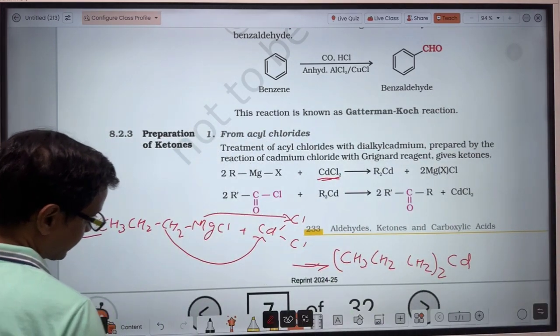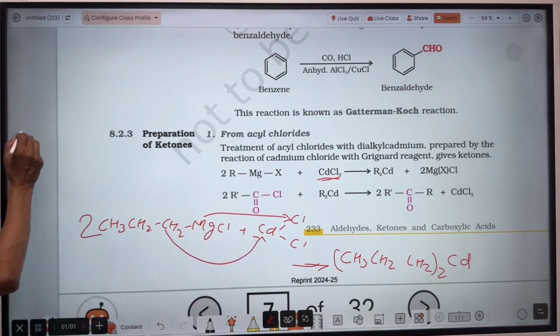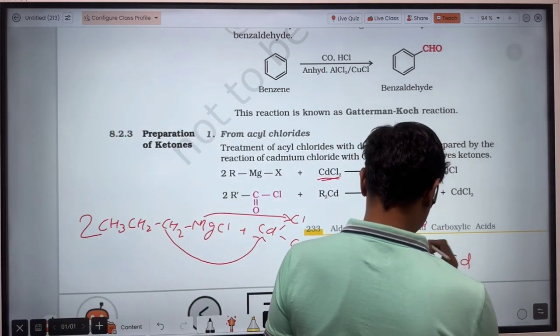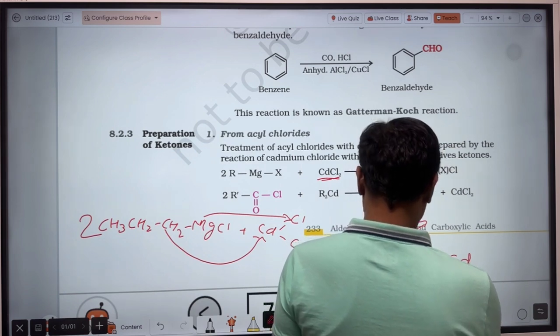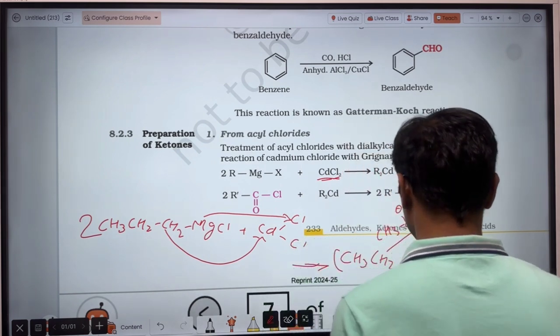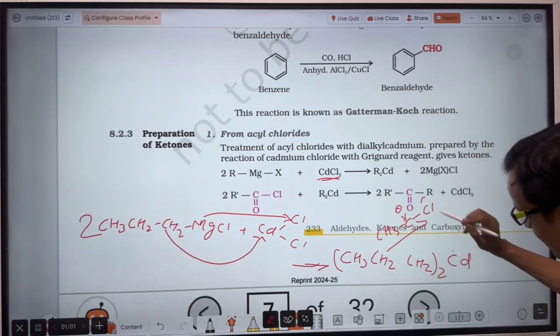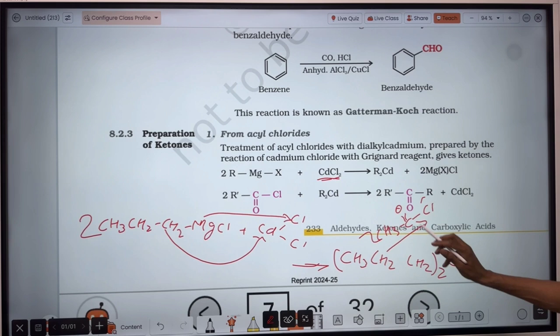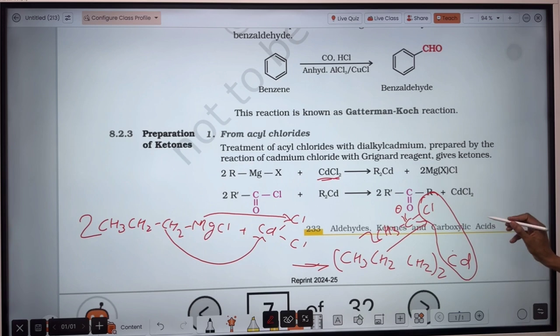Now, when the dialkyl cadmium that forms is reacted with acyl halide, suppose this compound, then the cadmium will combine with chlorine; we will take 2 moles of ethyl chloride here. So chlorine will bond to this cadmium and there will be formation of CdCl2.